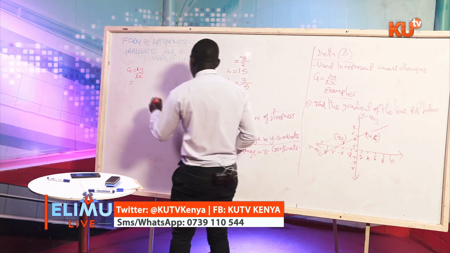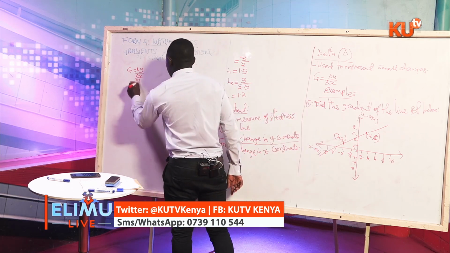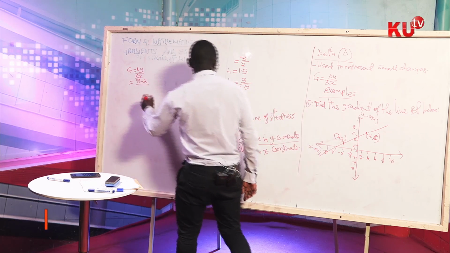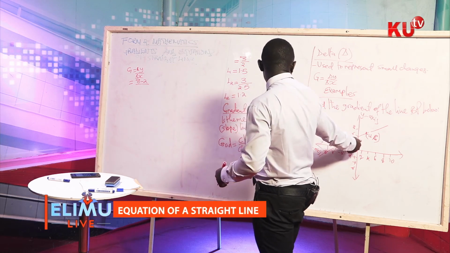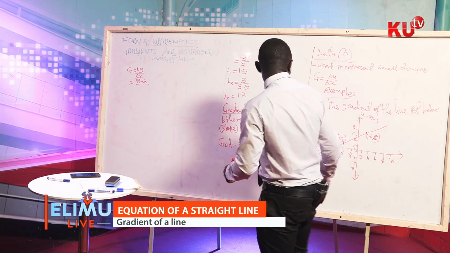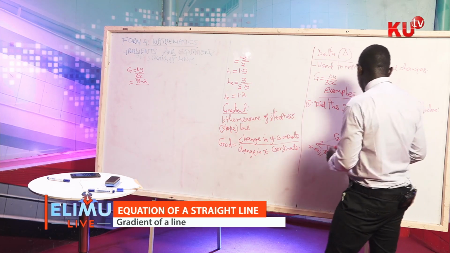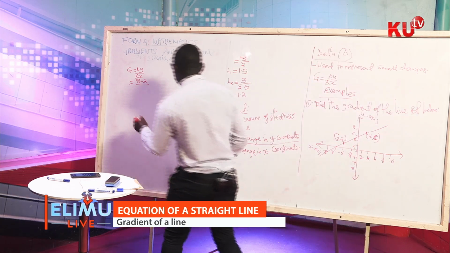So for the y coordinates, it is simply 8 minus 2 over the x coordinate, which, allow maybe if this one here is 3, so that will be 4 minus 3.